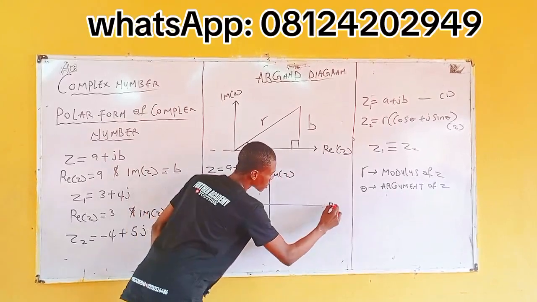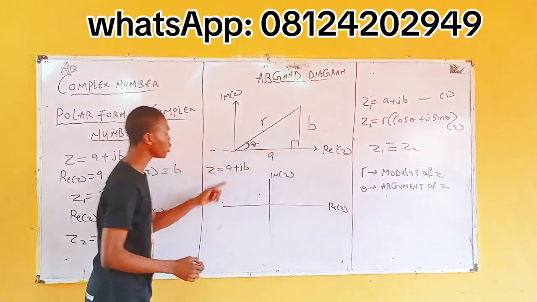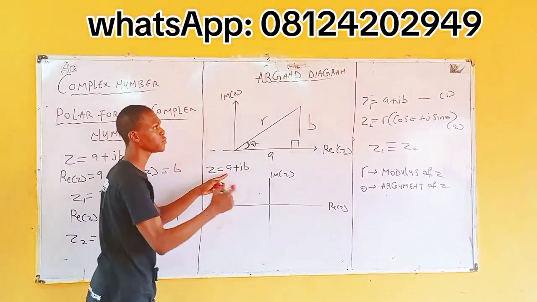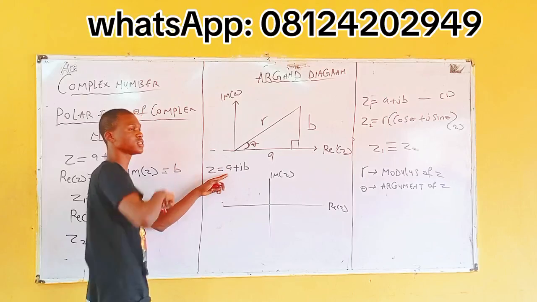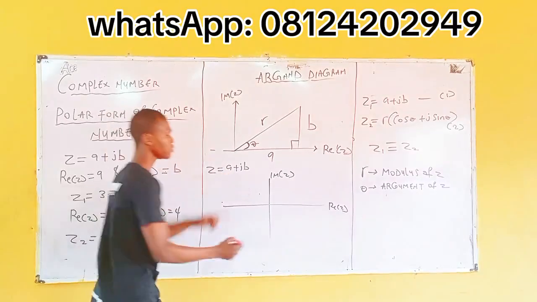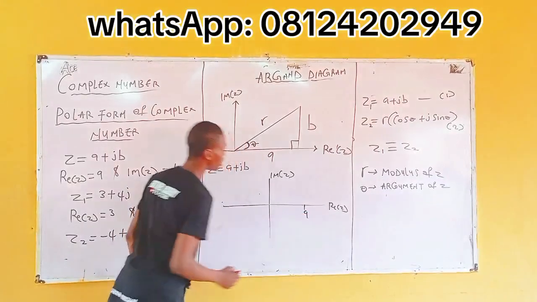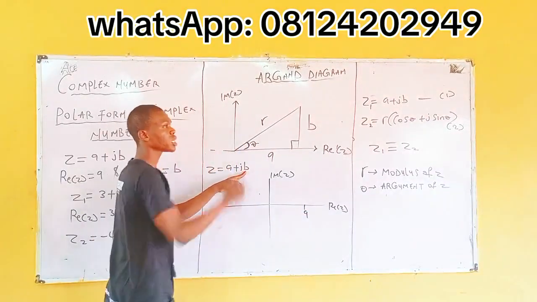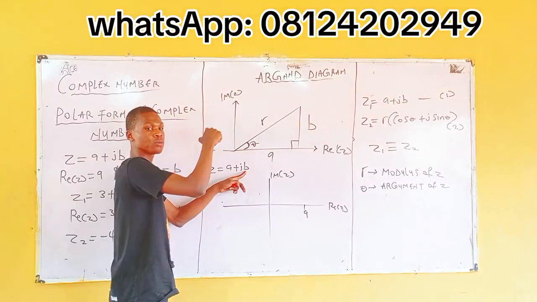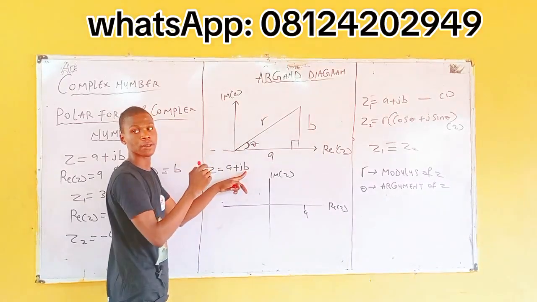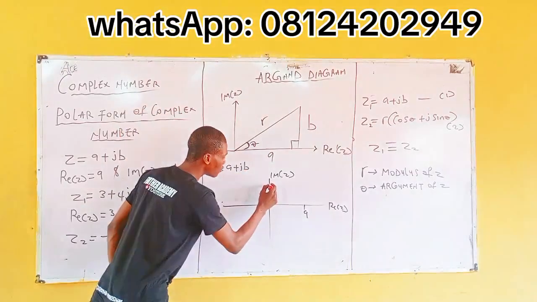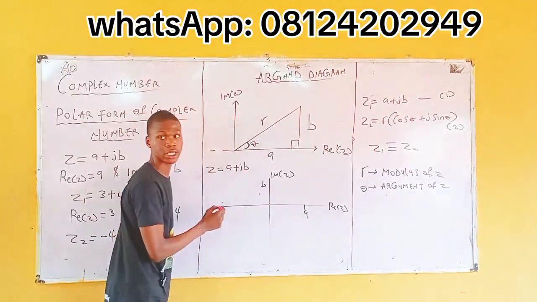This is the real part of z. Now, your a, is it the positive region of x or the negative region of x? Positive region. So let's say you have your a here. Your b, is it the positive region of y or the negative region of y? Positive. So let's say you have your b here. Are you getting me? Yes.